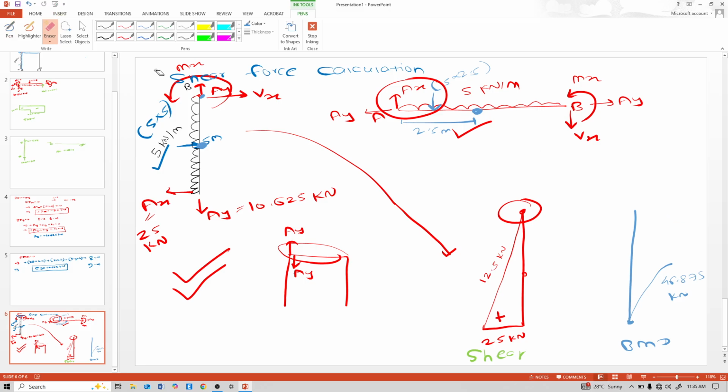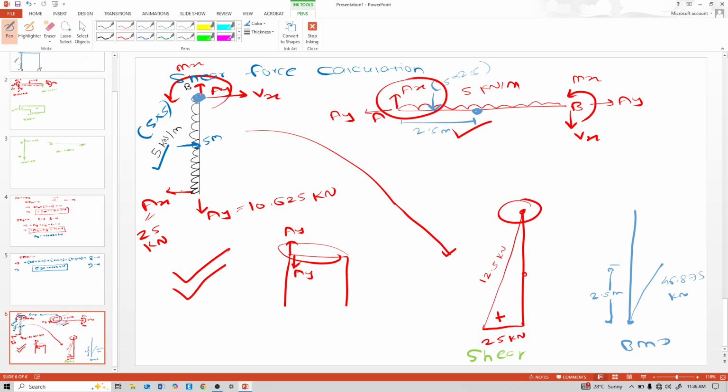Now calculate moment at this point. This is a parabolic curve, at a distance of 2.5 meter. Now calculate for this point.